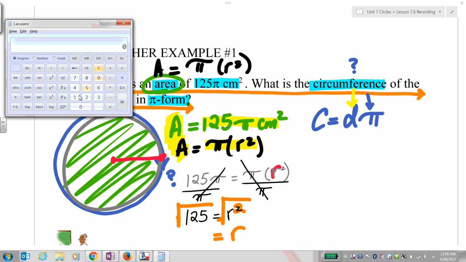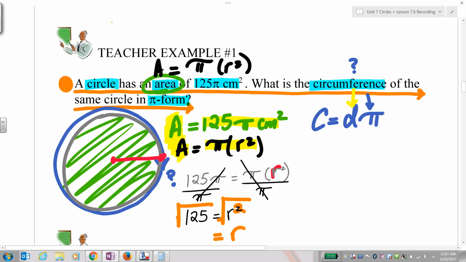You're probably freaking out because it's a decimal. I don't want you to look at decimal. Radical form.